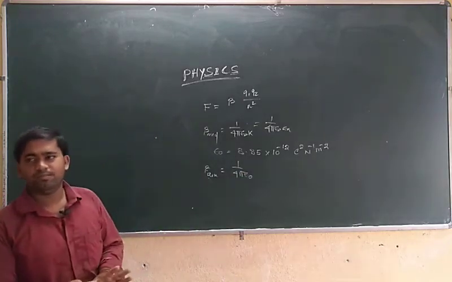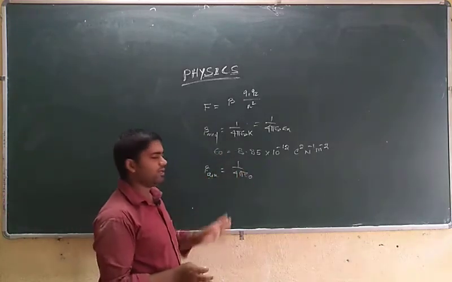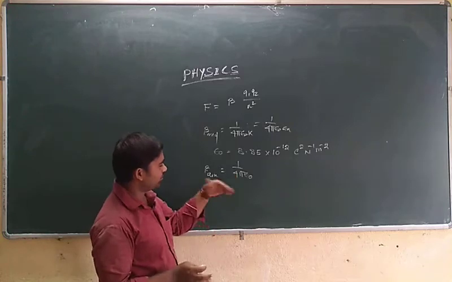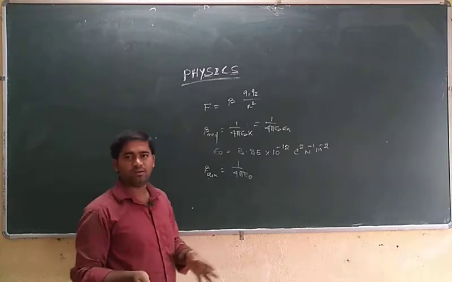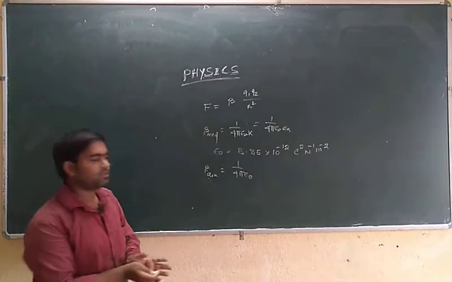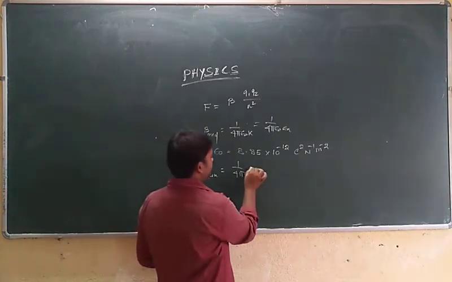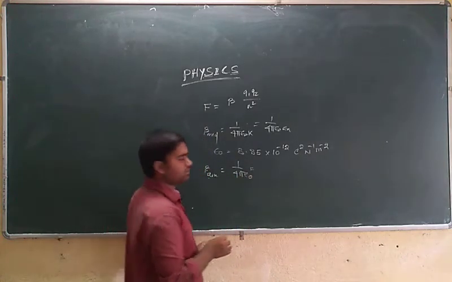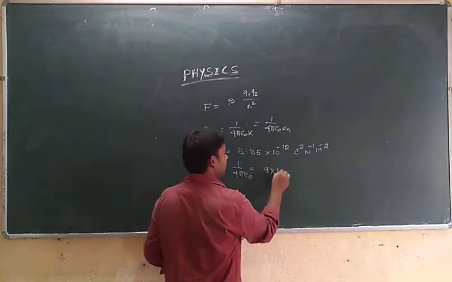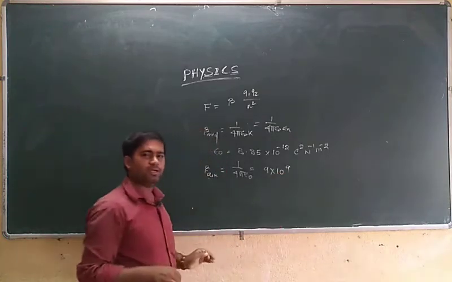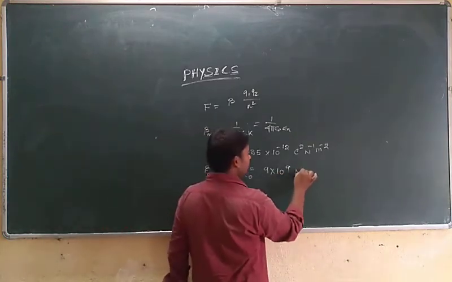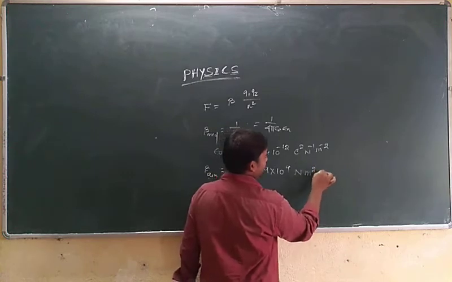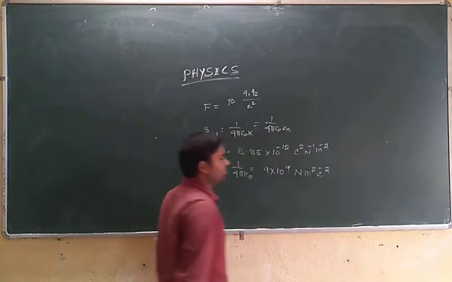If we substitute pi and epsilon naught and calculate the total quantity, the value of 1 by 4 pi epsilon naught will be 9 into 10 to the power 9 Newton meter square Coulomb to the power minus 2.